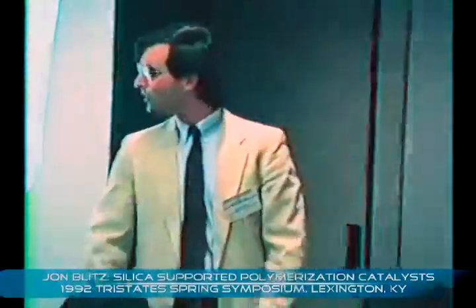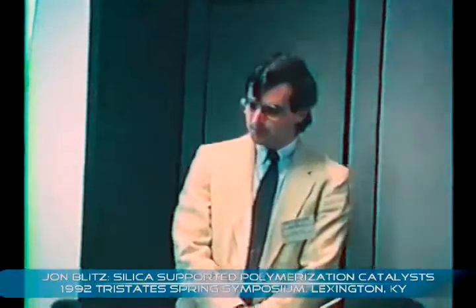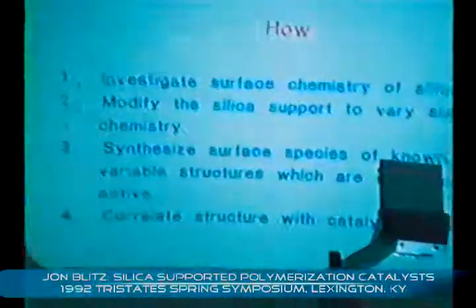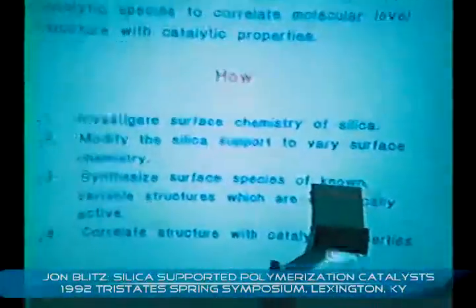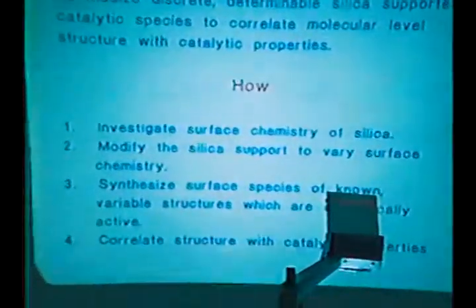The way I've conceptualized this project may be a little bit different from what other people have done, and it reflects my background in the characterization of chemically modified surfaces. So the way I look at these supported metal polymerization catalysts is simply as a chemically modified surface in need of characterization. The first question I think about is what is the surface chemistry of silica?